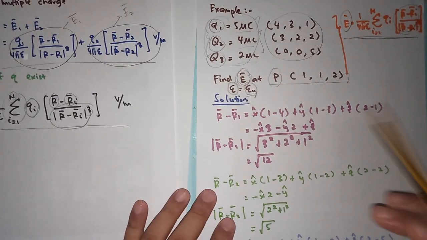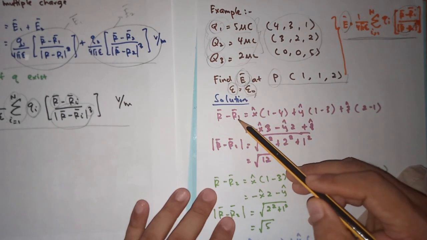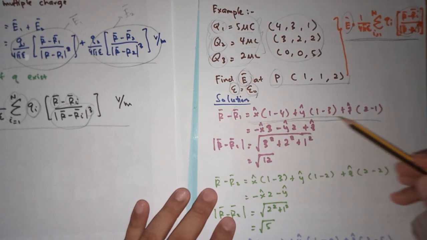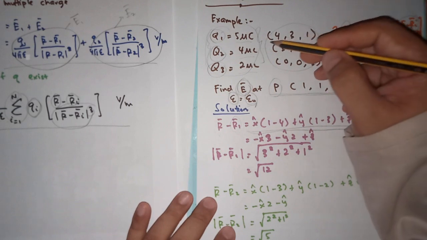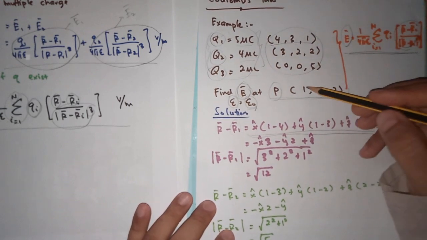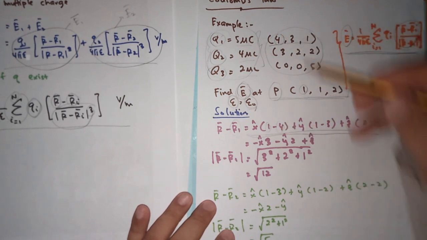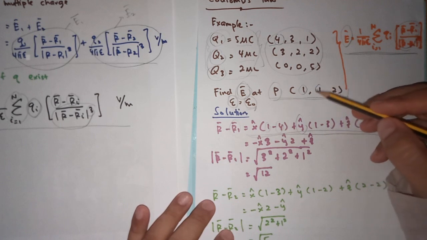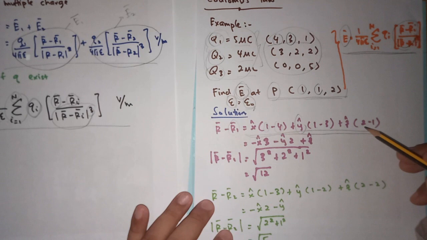Let's say for Q1, the vector R minus vector R1 is given by this expression, which is basically the coordinate of P minus the coordinate of Q1. So we have x cap 1 minus 4, plus y cap 1 minus 3, plus z cap 2 minus 1.